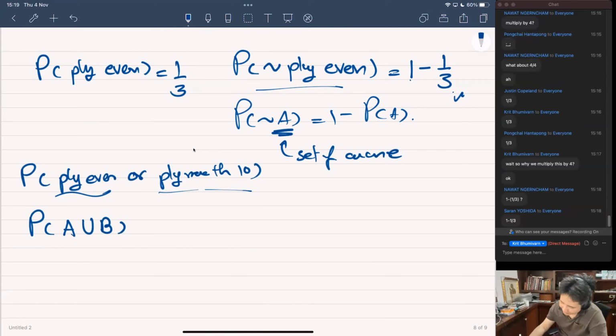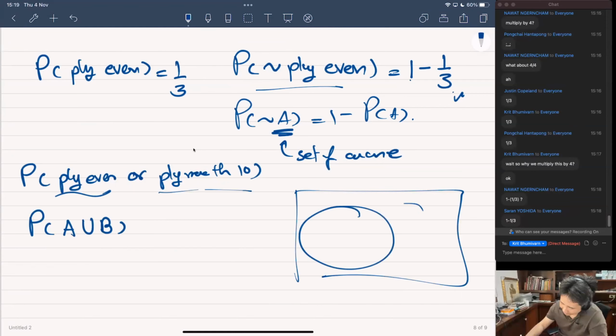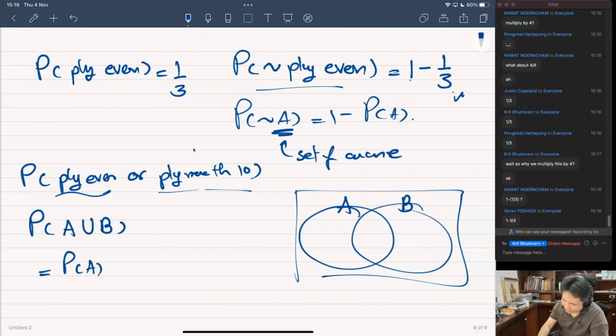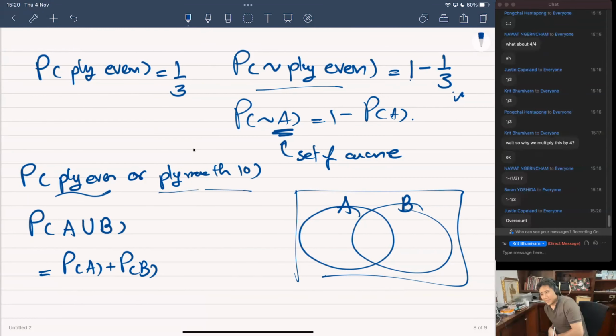Let me draw you the usual diagram. There's this guy A, there's this guy B. What is it equal to? I think it's so tempting for you to do this: probability of A plus probability of B. What's going to happen if I do this? You overcount.